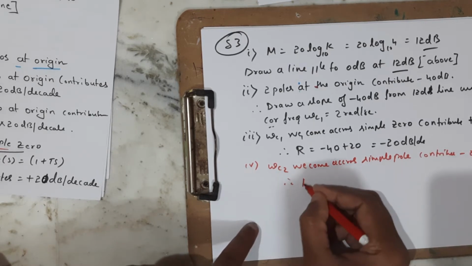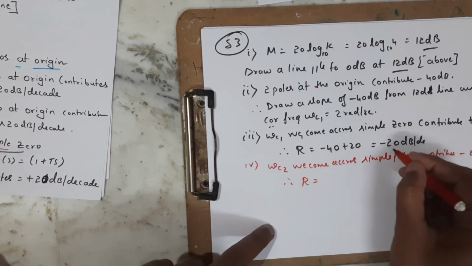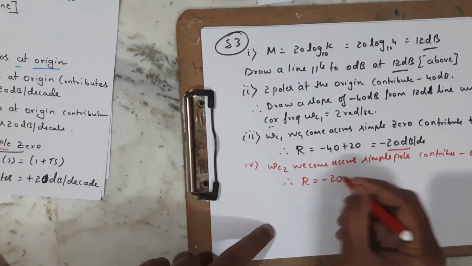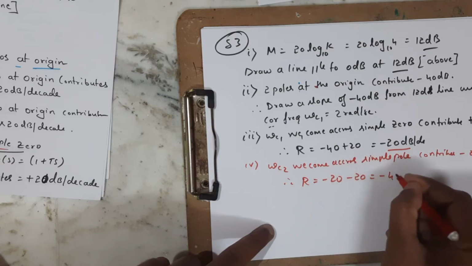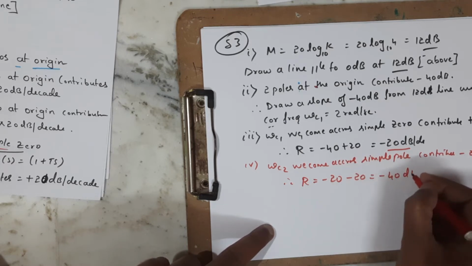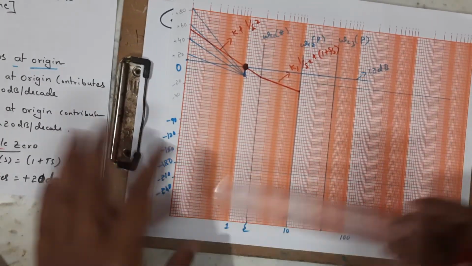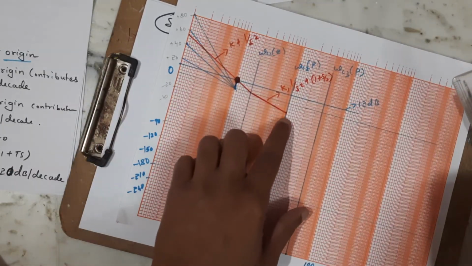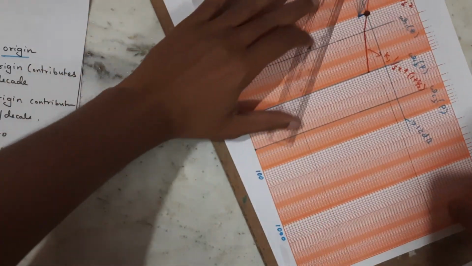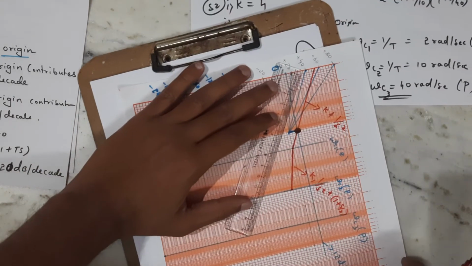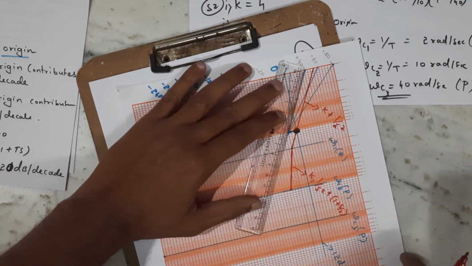So therefore, what is the resultant? Previous slope is minus 20. This is going to contribute minus 20. So therefore it will be minus 40 dB. So from the corner frequency I am going to draw a line of slope minus 40, like this, and move it.